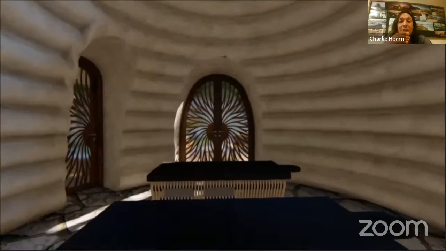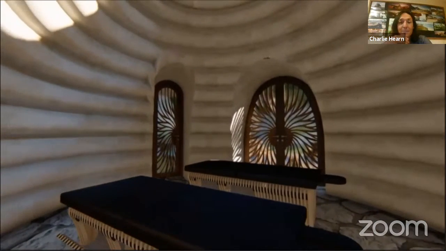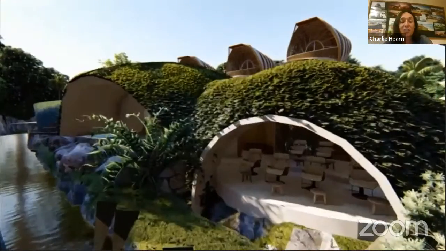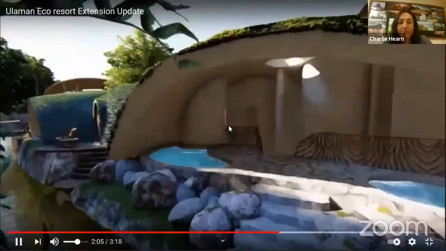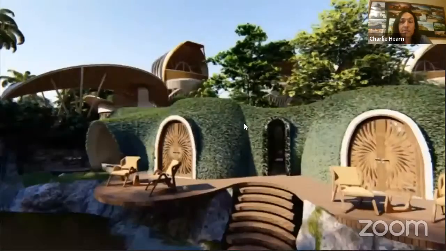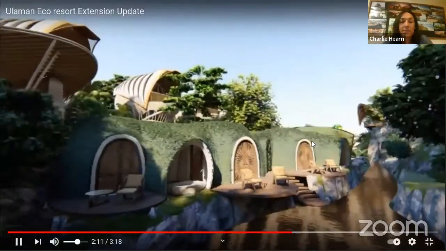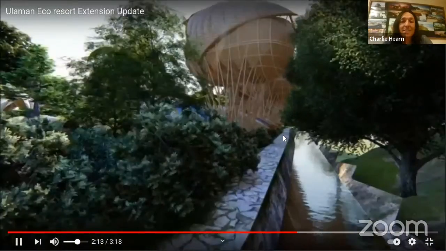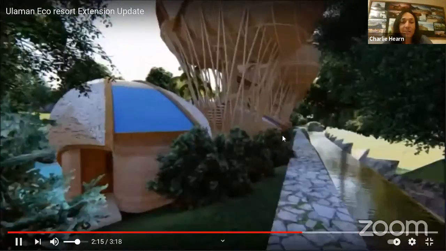And we're able to create these green roofs on the top to help preserve the ecology of the building. All this integrates with the existing Subak around.